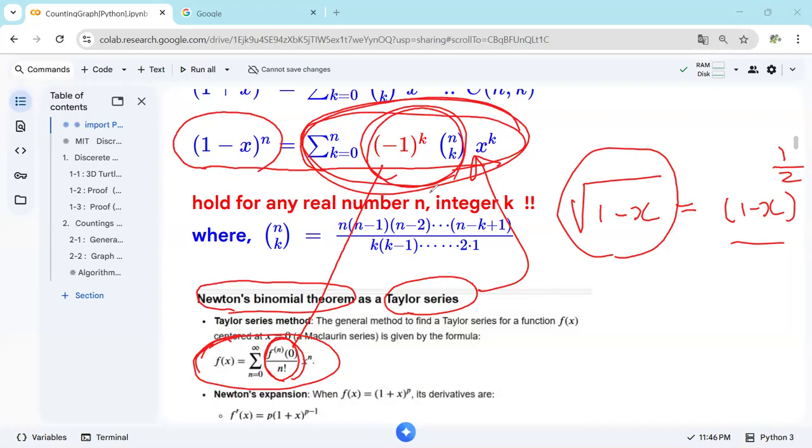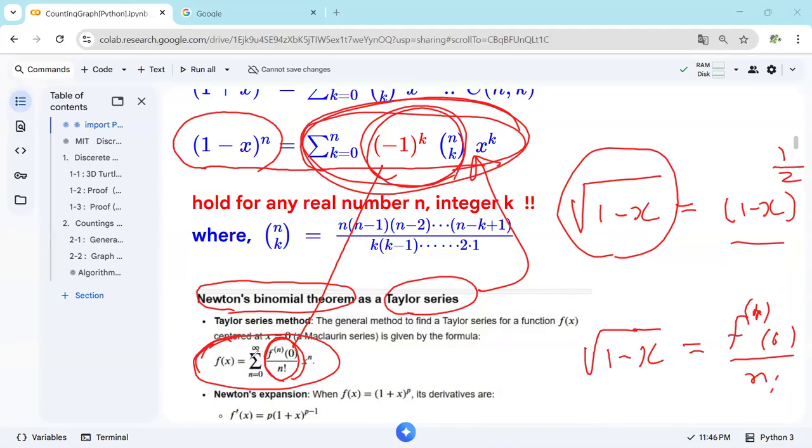Newton just found out the series summation using the generalized binomial theorem. But Taylor summarized that this one can in fact be expressed as the differentiation value divided by n factorial, okay, something like that.